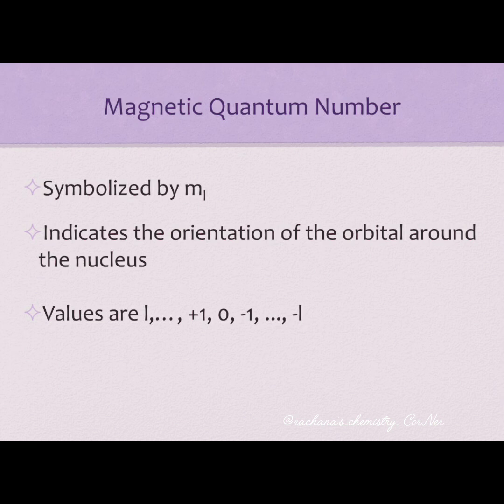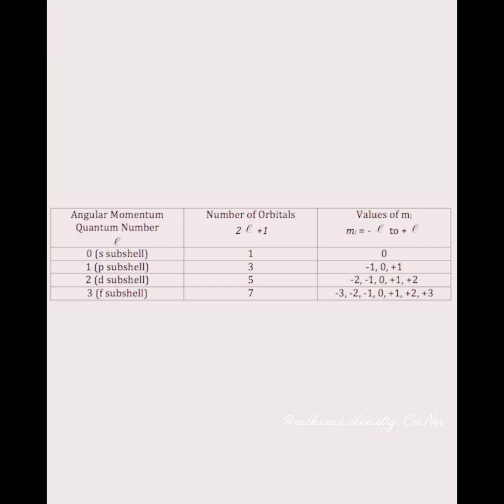It has integral values from ml equal to minus L to plus L, including 0, and the formula is 2L plus 1. In this chart you can see the angular momentum quantum number 0, 1, 2, 3, which are the s subshell, p subshell, d subshell and the f subshell.